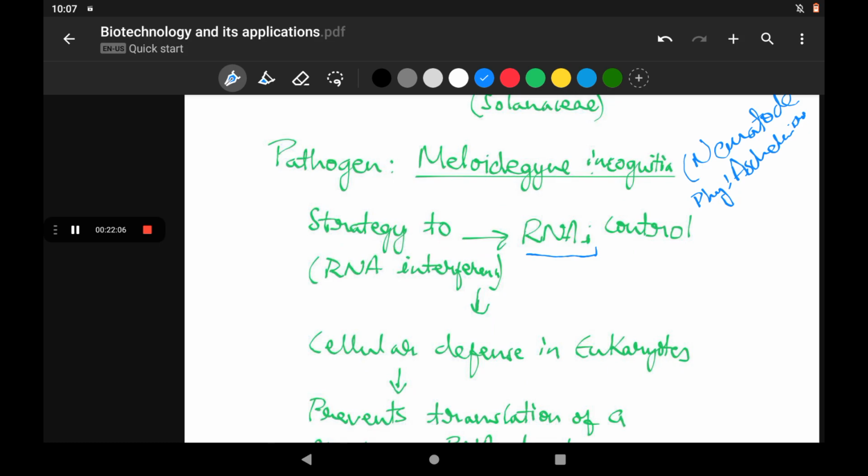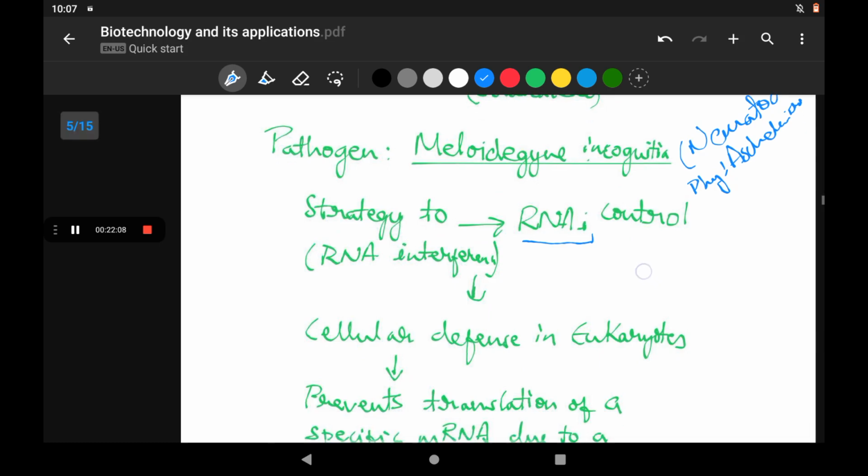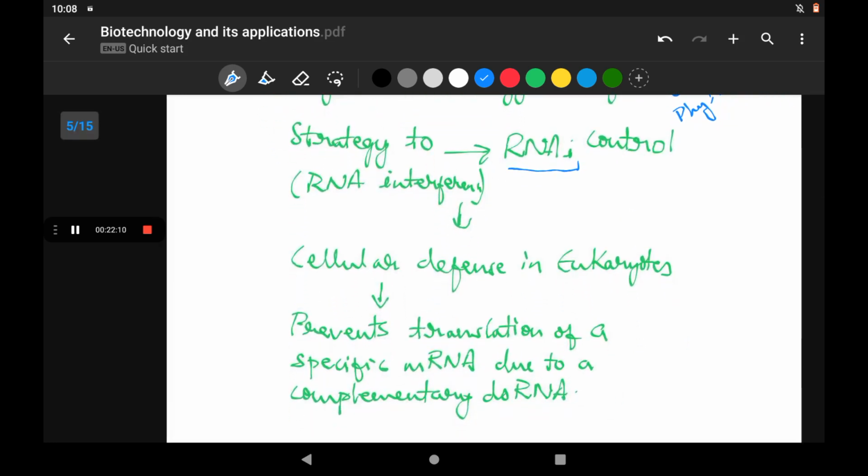So it's a cellular defense mechanism in most of the eukaryotes. What this RNA interference is going to do is prevent the translation of a specific mRNA due to a complementary double-stranded RNA. So the double-stranded RNA breaks this specific mRNA into fragments.